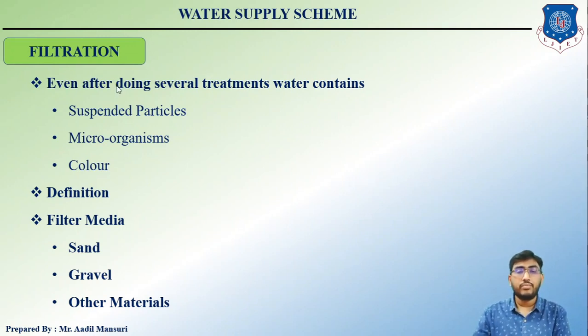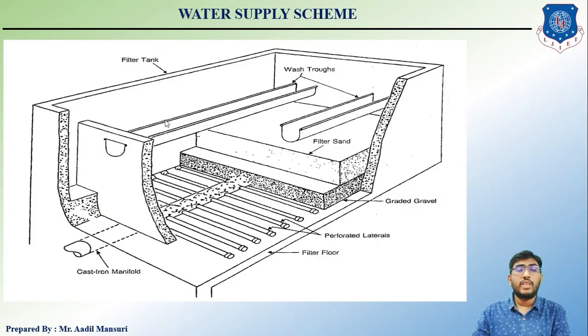Clear? Let's move ahead. So as you can see on the screen, this is the filter. You can see that above there are two water troughs, right? So water will enter into the filter via the troughs. Then beneath the troughs there is a sand layer, and below the sand layer there is a gravel layer, that is, they are granularly graded.